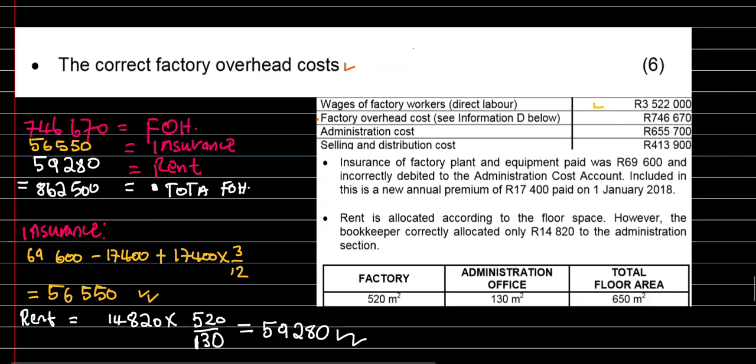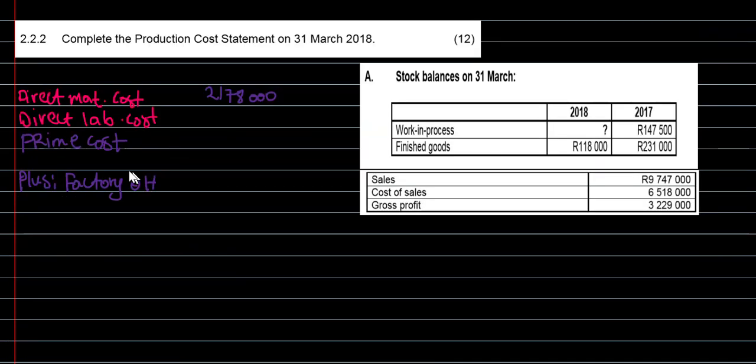Then let's look for direct labor cost. For direct labor cost, we are given wages of factory overheads worker, direct labor. So it's going to be 3,522. So direct labor is going to be 3,522,000. Then you total up these two to get a prime cost.